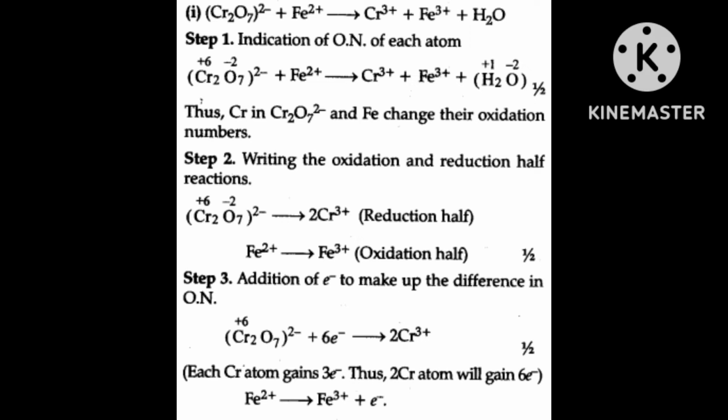This Cr2O7, then chromium has lost 6 electrons. Oxidation number of chromium already calculated, it was plus 6. Then on the left side chromium is plus 6, and on the right side that is 3+. Then 3 differences there.